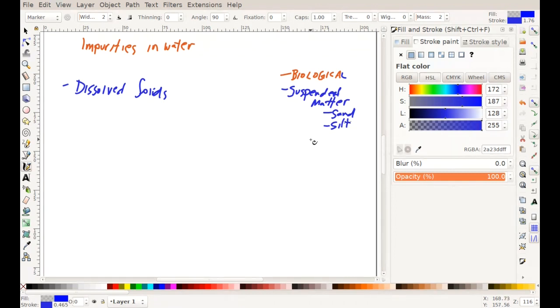Okay, give me some more. Dissolved gases. Okay. Give me a couple of those. Carbon dioxide and oxygen. Those are a couple of our biggies there. Those are our main concerns. There can be other ones too. There can be H2S and stuff like that. Anything else?